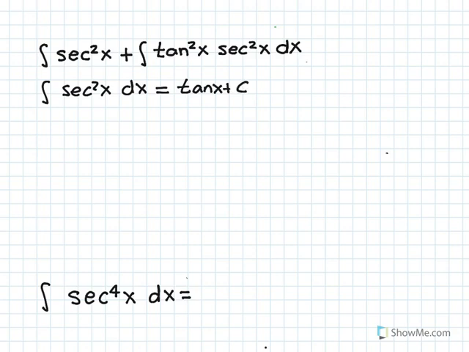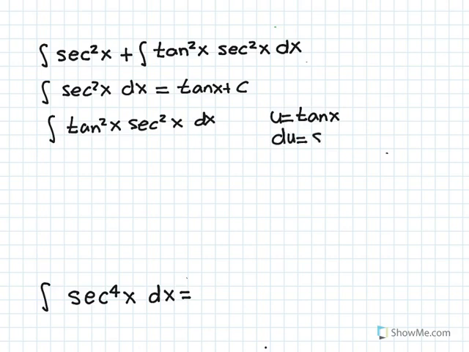Now let's look at the second integral. We have the integral of tan squared x times secant squared x dx. We're going to apply U substitution. We'll let u be equal to tangent x, its derivative du is secant squared x dx. Let's label that.